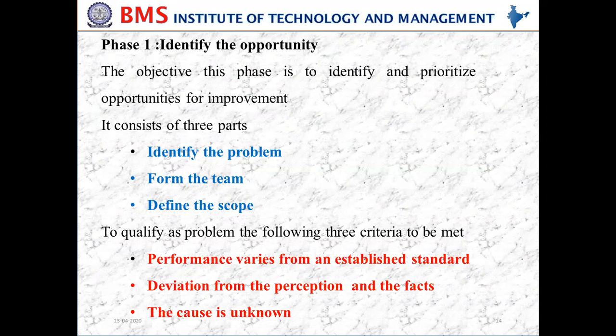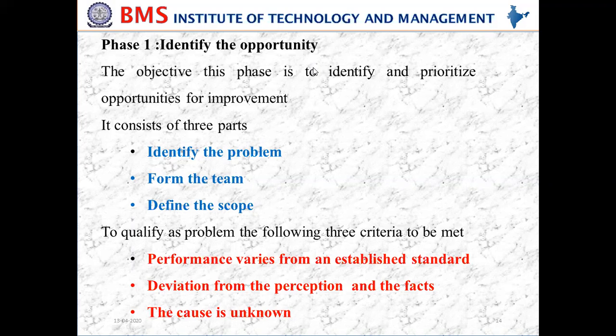Identifying is one part, and prioritizing is very important here. Prioritizing means ranking the different problems you have, and the most important one has to be taken first, for the improvement of the process. The objective of this phase is to identify and prioritize the opportunities for improvement.